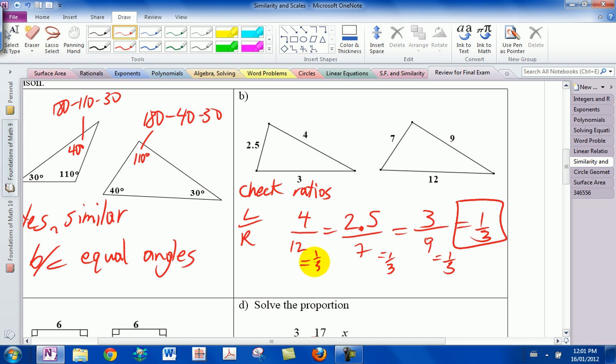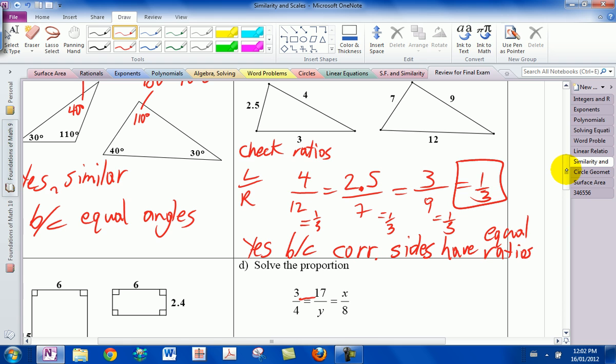And so, yes, because corresponding sides have equal ratios, or in the same ratios. You need to know the reason why.